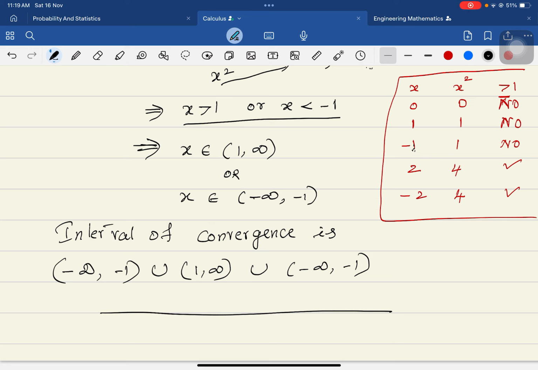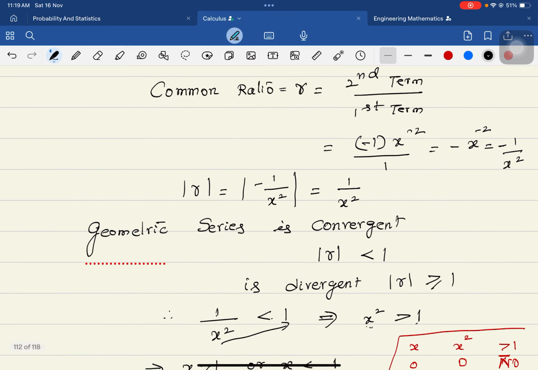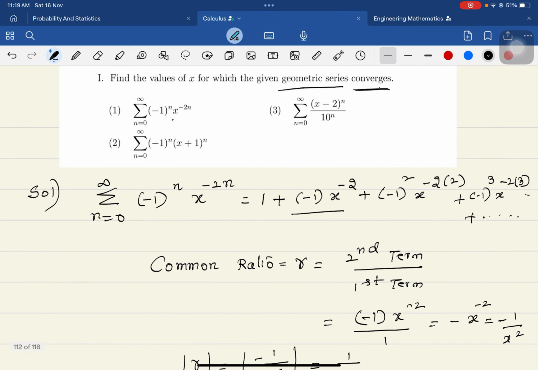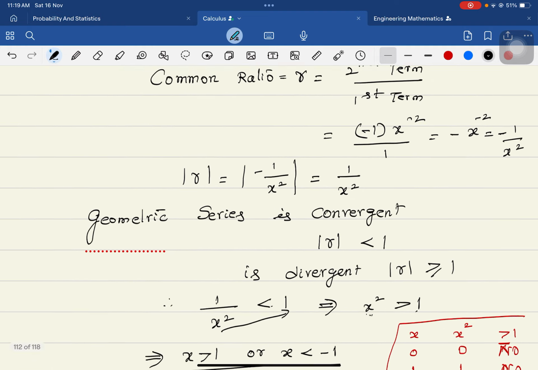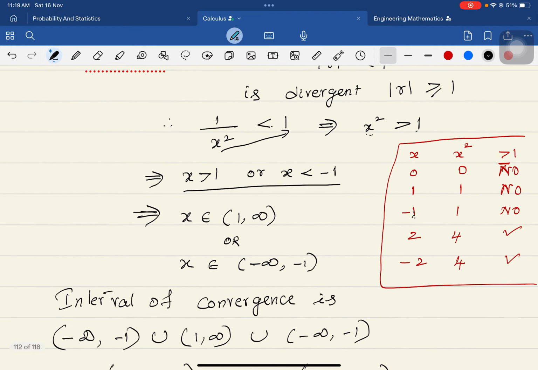If you see the real line, it goes from minus infinity to infinity, there is -1 here, 1 here, and in between there is 0. Our x lies in this interval or in this interval. So this is the way to understand the problem: where the series is convergent, and in which interval it is convergent.